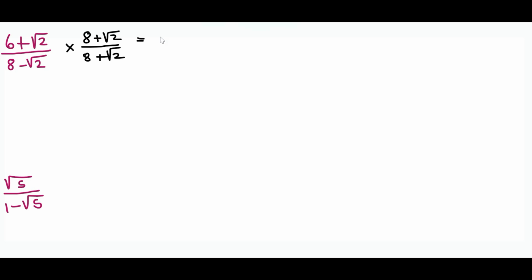Now if we multiply across, that will give us 48 plus 6 root 2 plus 8 root 2 plus 2. The denominator, 64.